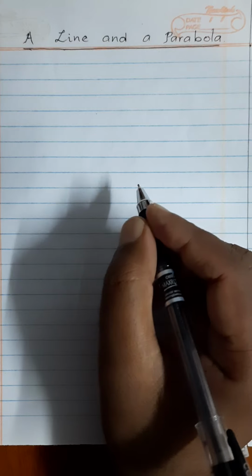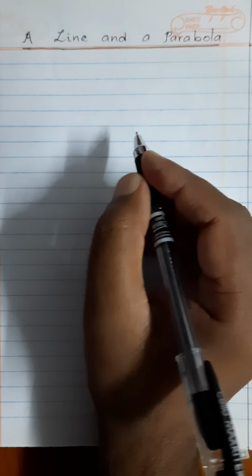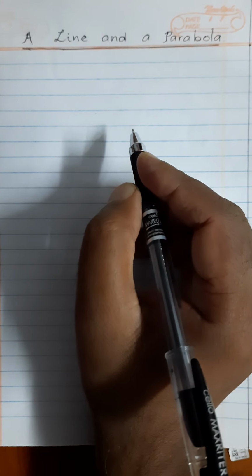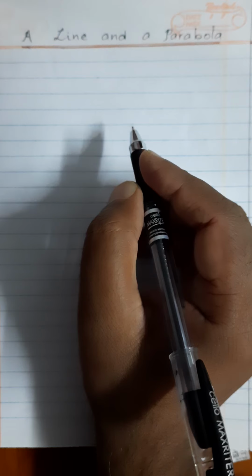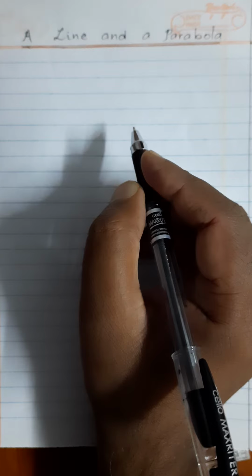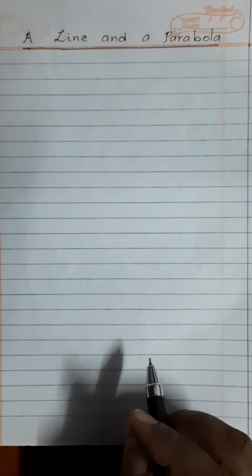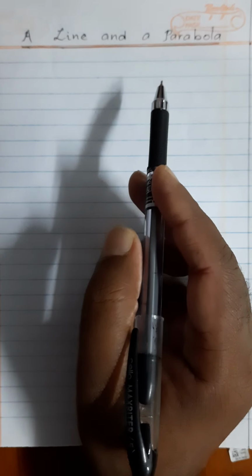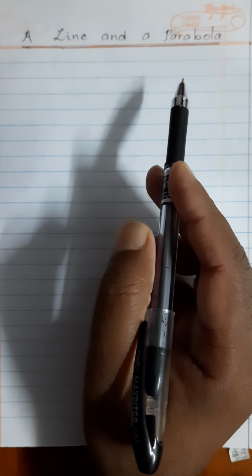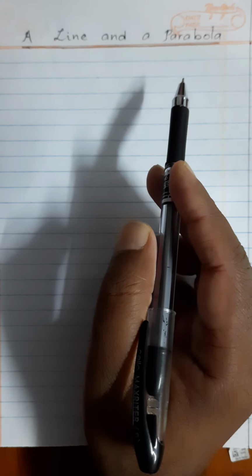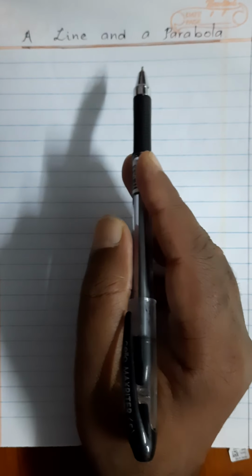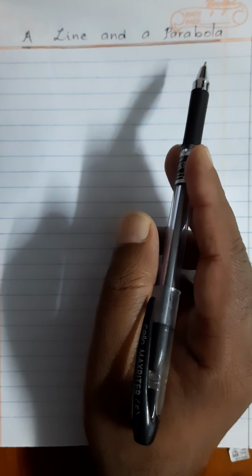So now I'll start today's topic, a line and the parabola. When the equation of the line and the equation of the parabola are given, whether the line touches the parabola, or intersects the parabola, or does not touch the parabola and doesn't meet it.